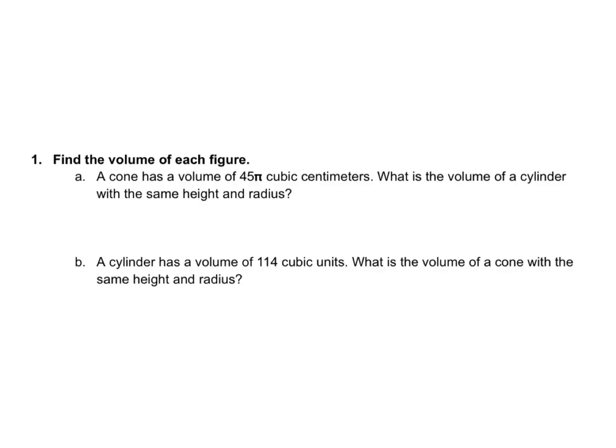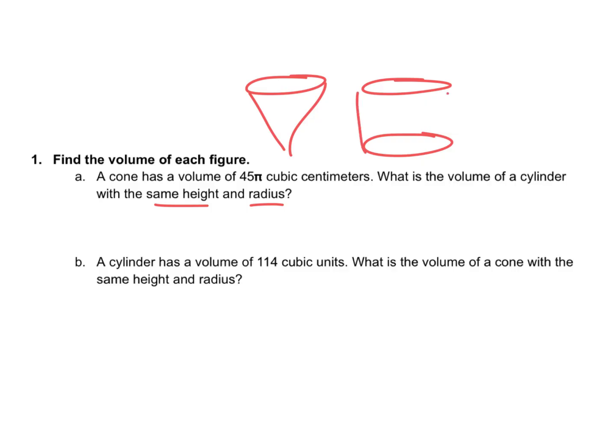A cone has a volume of 45 pi cubic centimeters. What is the volume of a cylinder with the same height and the same radius? So we have learned that a cone and a cylinder have a relationship.